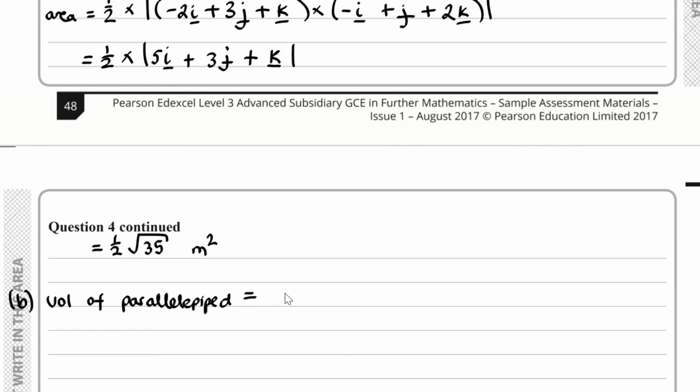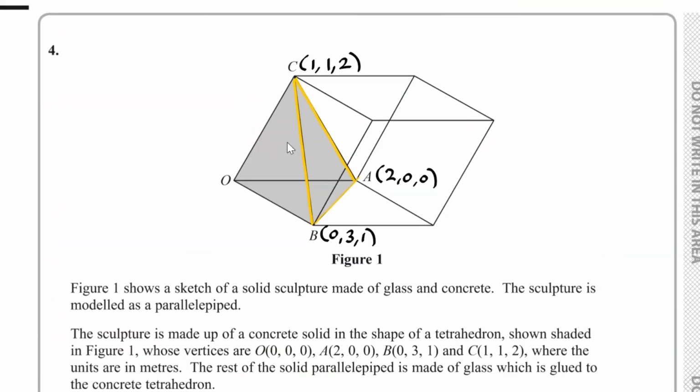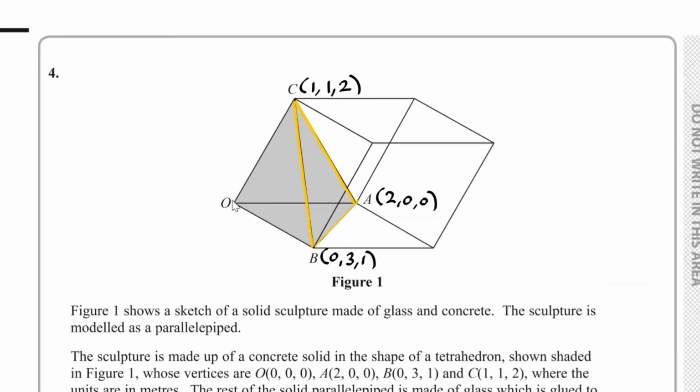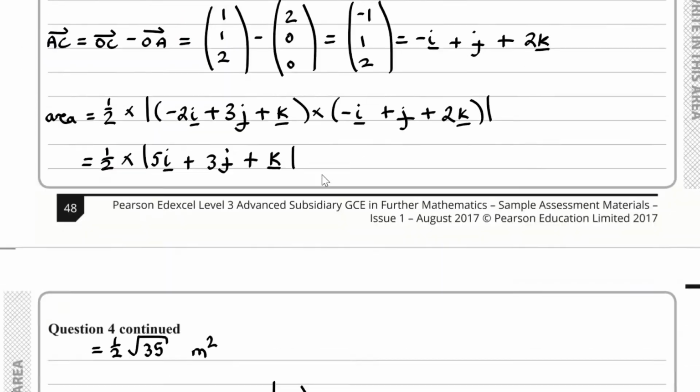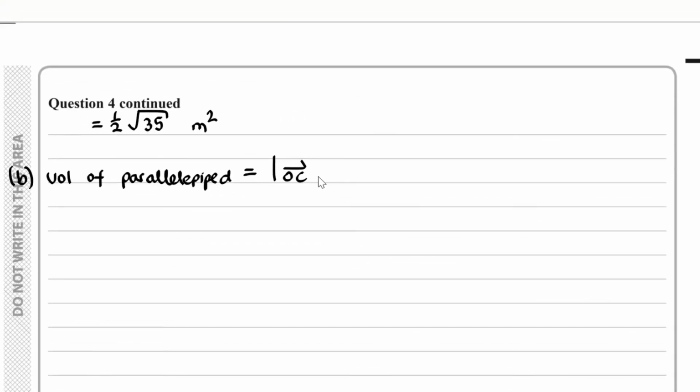That's equal to the magnitude of OC. So if you go back to the diagram, we have OC dot product with OA times by OB.